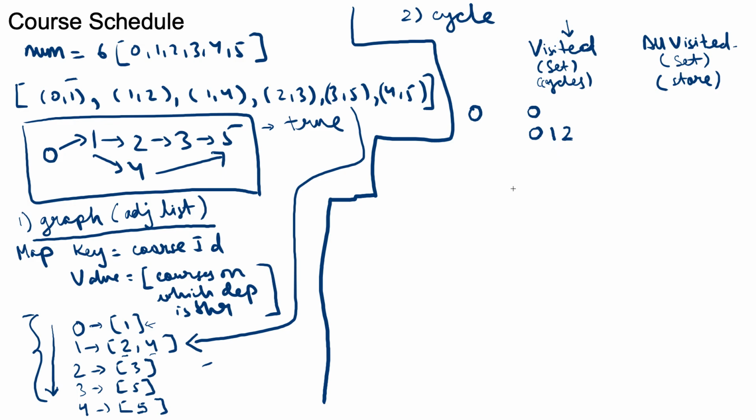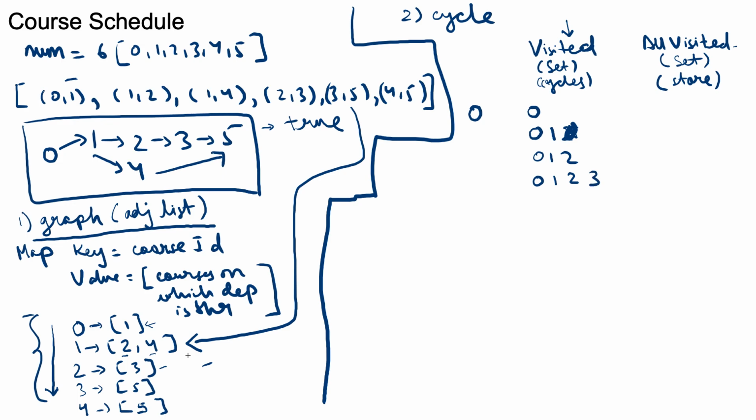From 2 we know the dependency is on 3, so 0 1 2, and then 0 1 2 3.